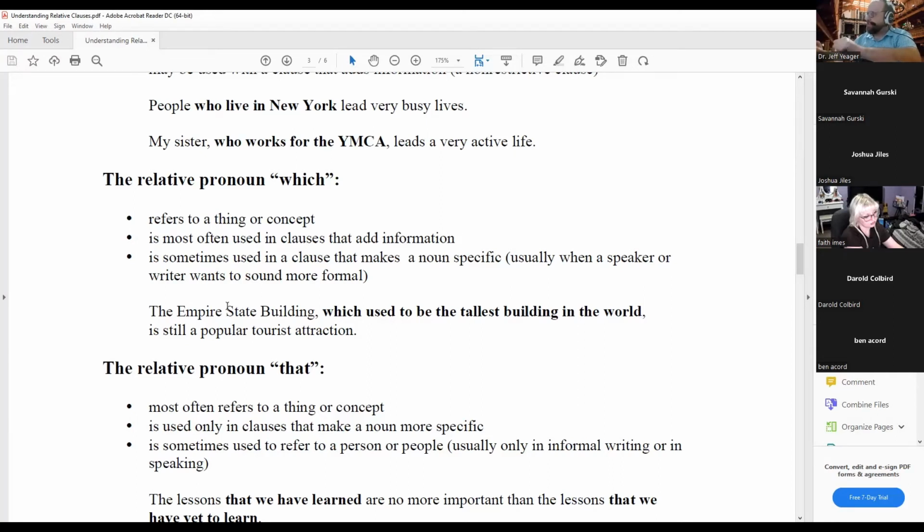Again, it depends on if the information can be omitted. The Empire State Building, which used to be the tallest building in the world, is still a popular tourist attraction. If you cut that out of the sentence, it reads the Empire State Building is still a popular tourist attraction. So the sentence still makes sense.